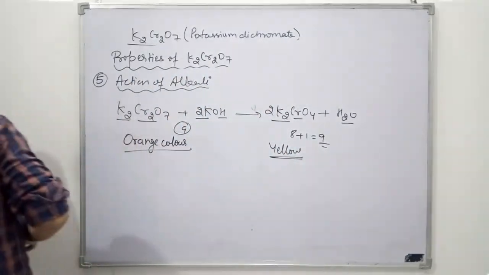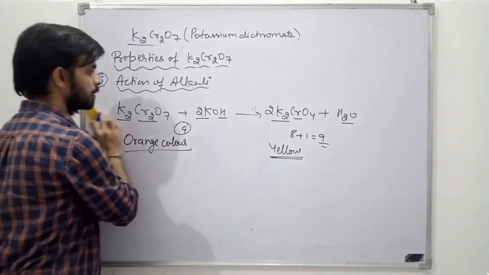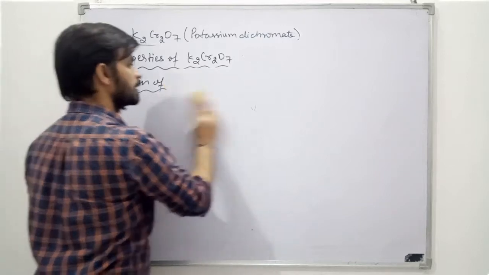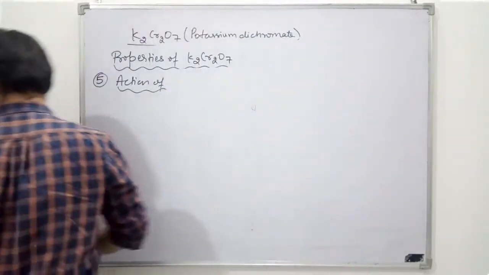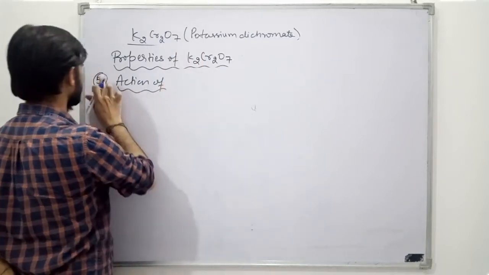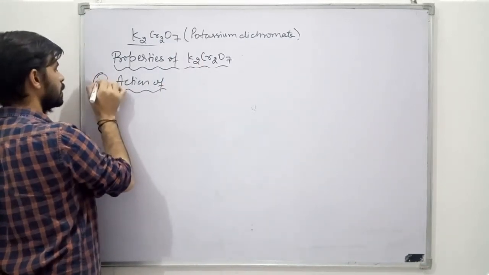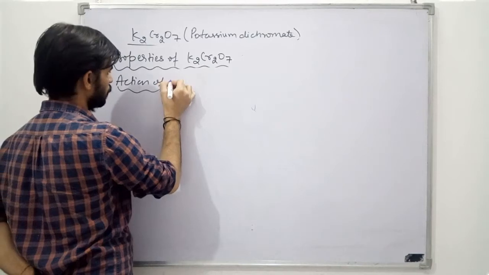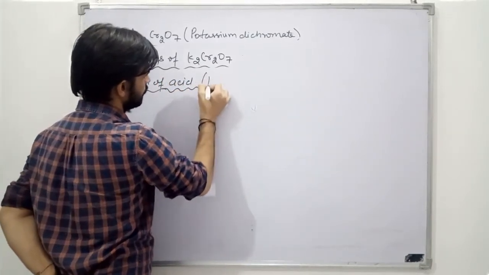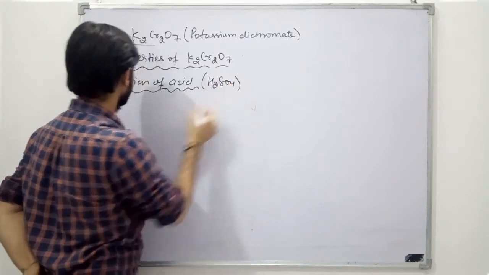Now next property, action with acid. Action with acid, H2SO4. This is your 6th point, action of acid, or we can say H2SO4.